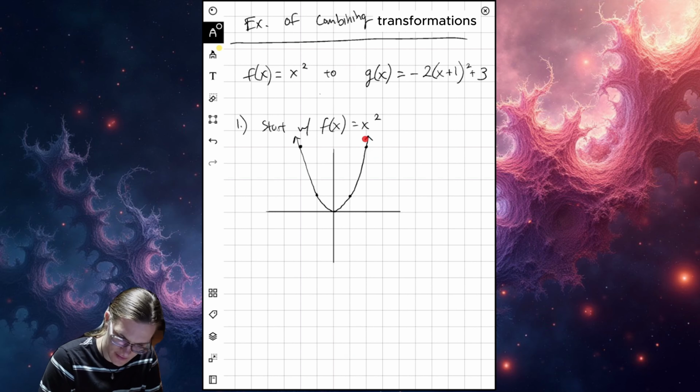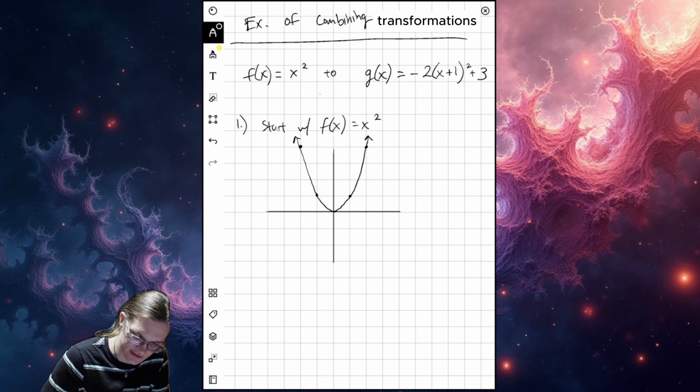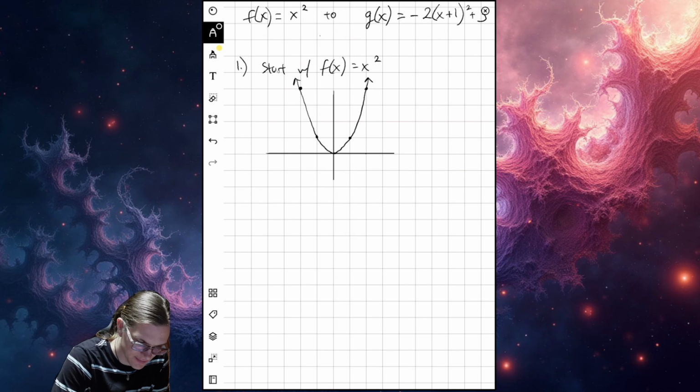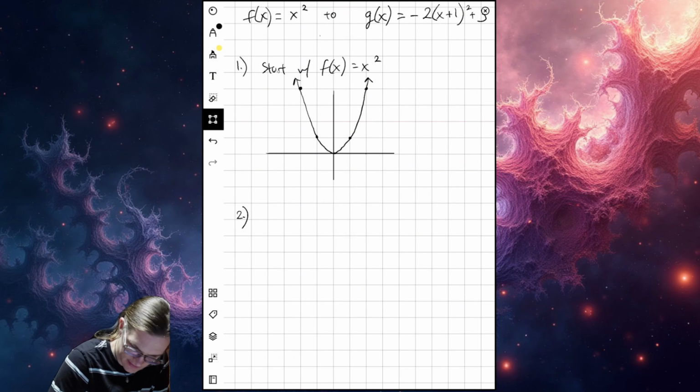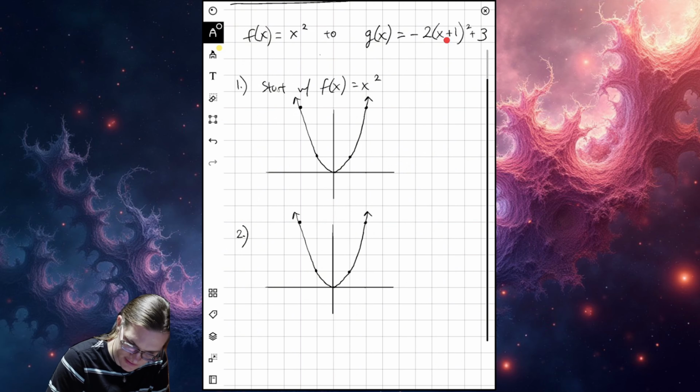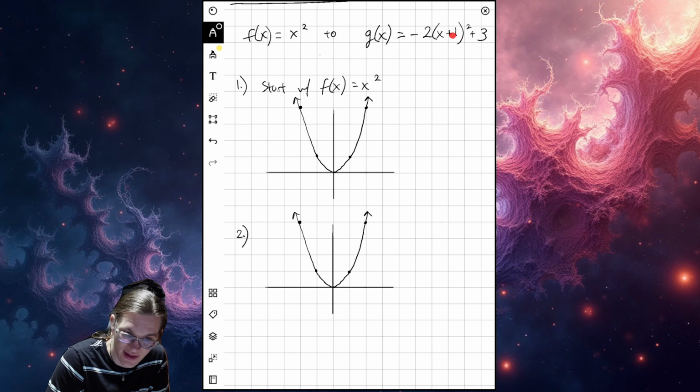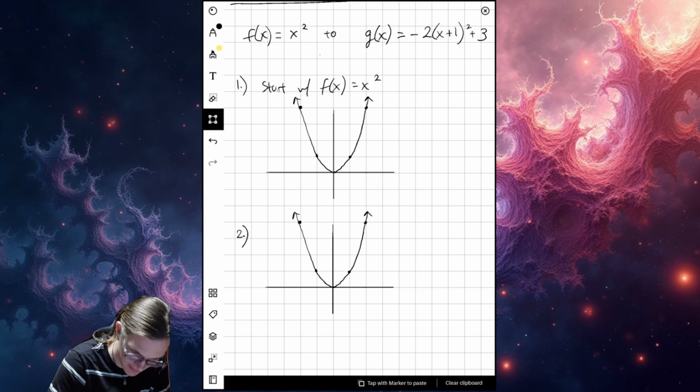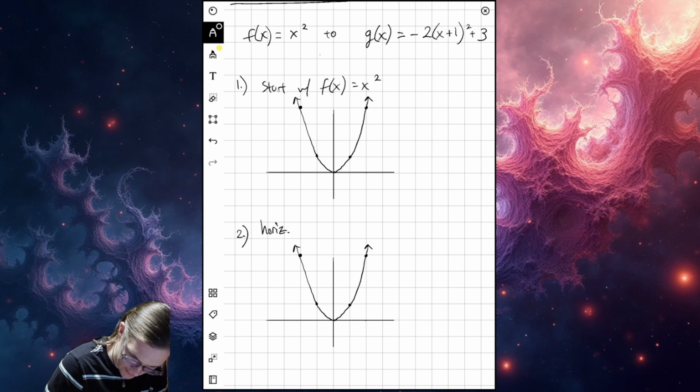All right, here's f of x equals x squared. And what I'm going to do is horizontal shift left. Right, first thing, like I said, is a horizontal shift. So we see here that x plus 1 is a shift of 1 unit to the left. So that's the first thing I'm going to do: horizontal shift left 1 unit.